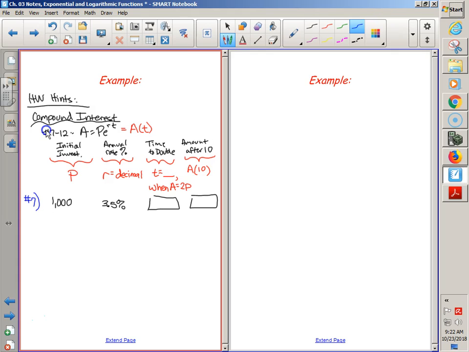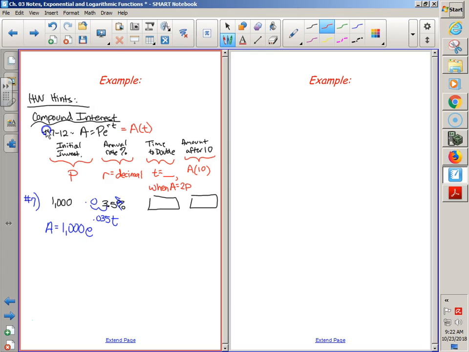So let's go to our formula and say, all right, we know A is equal to 1,000 e to the 0.035t. You see what I did, right? Moved my decimal 2 places to the left. Booyah, I have my formula ready to go. Why? Because I need to use it for these 2 boxes.